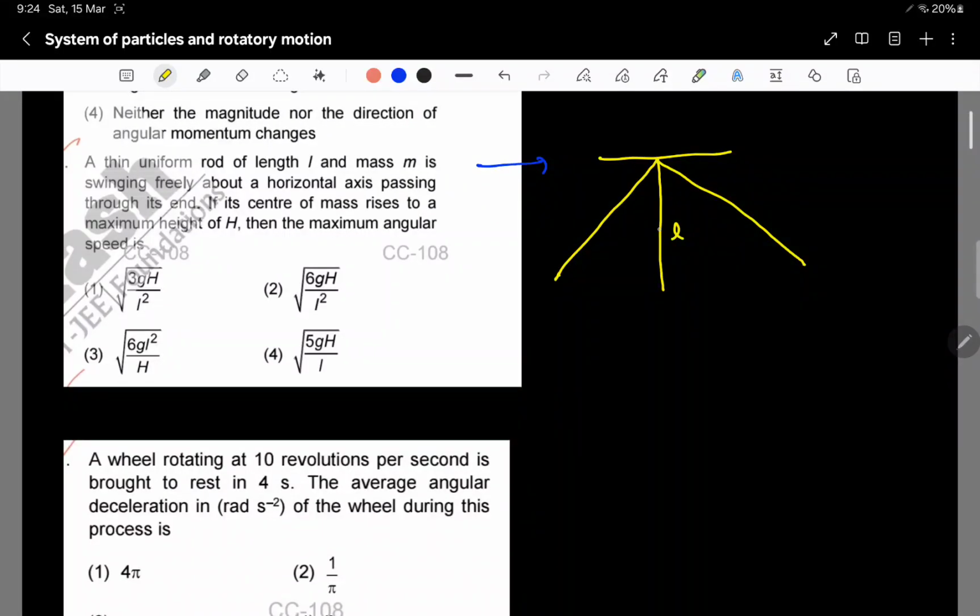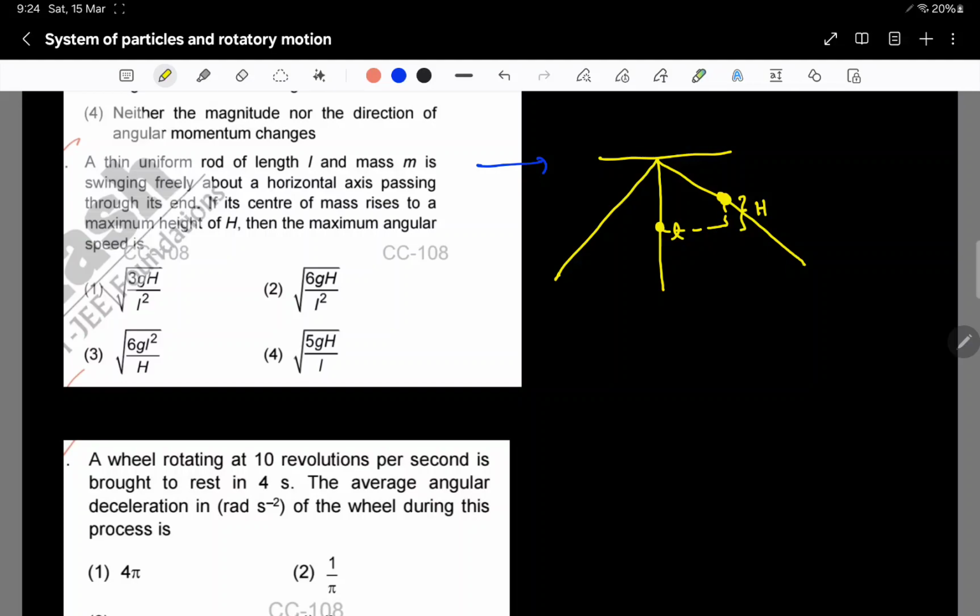While moving upward, the center of mass position is not fixed. This is the new center of mass position, and this vertical height is given as capital H.